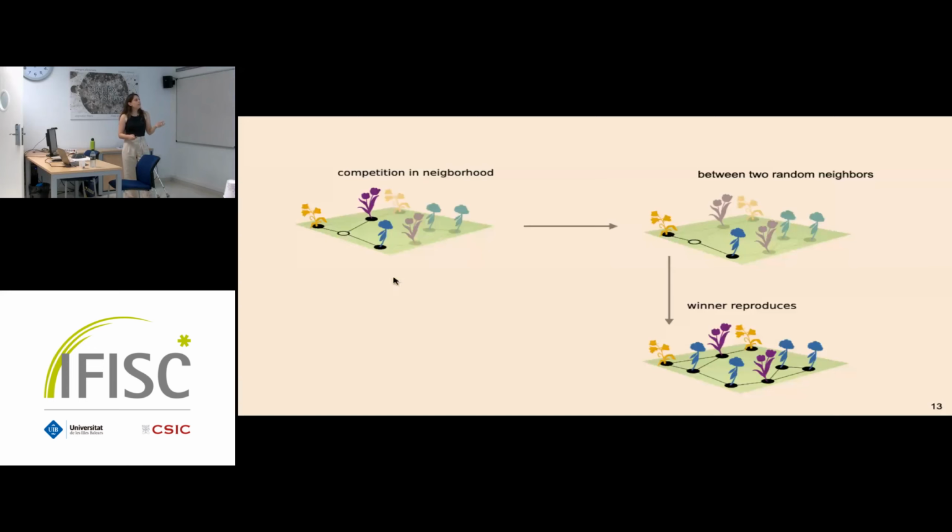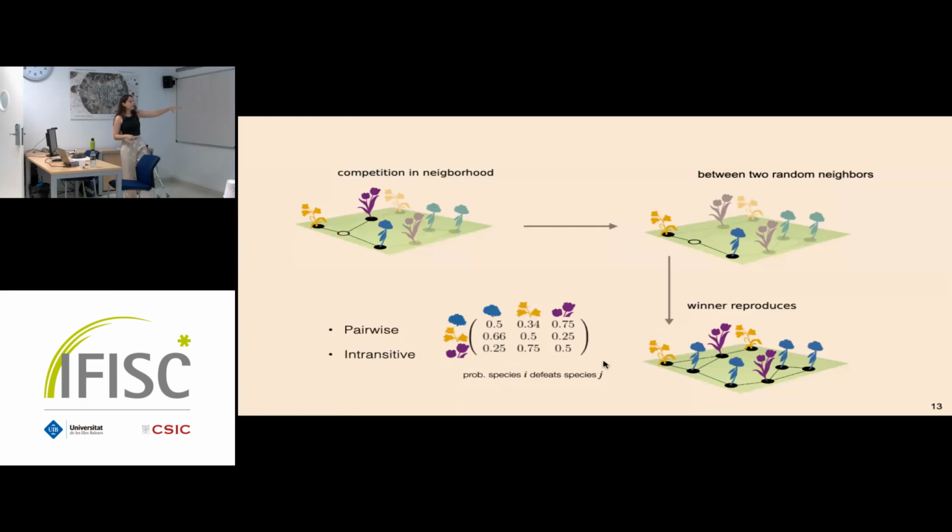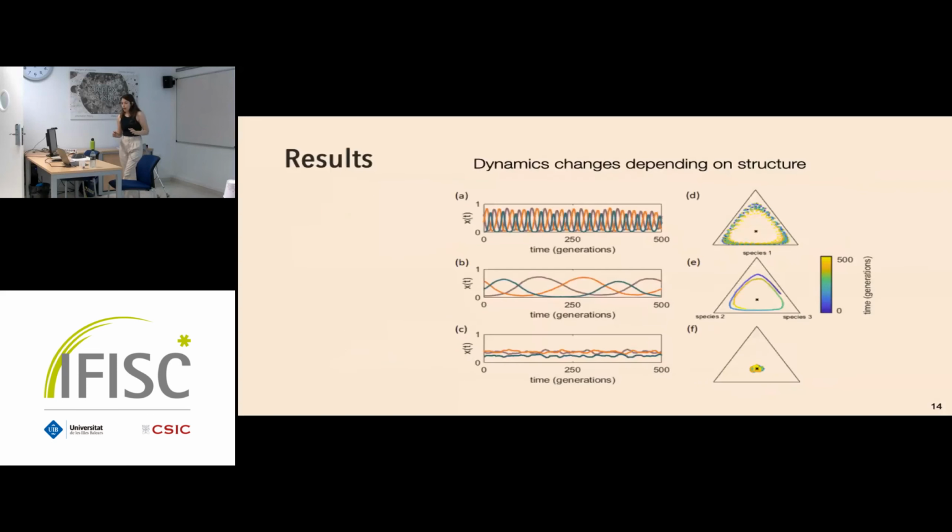We randomly select two neighbors that will compete to place their descendant on that vacant node, and the winner is chosen according to a dominance matrix, which has intransitive cycles. It encodes the probability that species i will defeat species j. With this simple model, we have obtained dynamical changes depending on the structure.